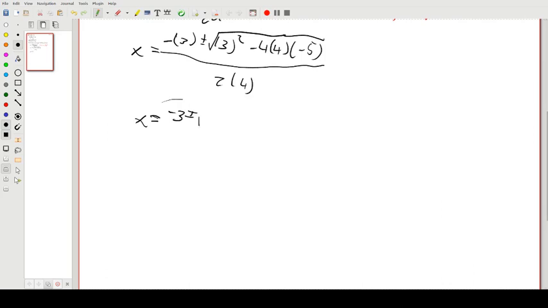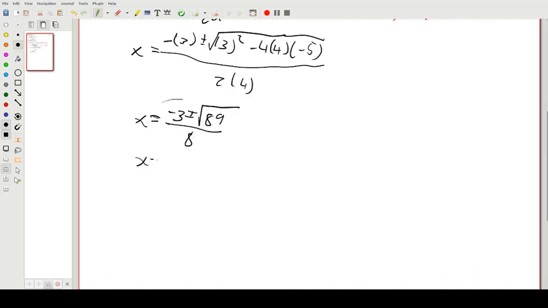So negative 3 plus or minus the square root. Here we've got 3 squared is 9, and then the minus and the minus makes a plus, so we've got 9 plus 20 times 4, which is 80, so 9 plus 80, that is the square root of 89, all over 2 times 4, which is 8.